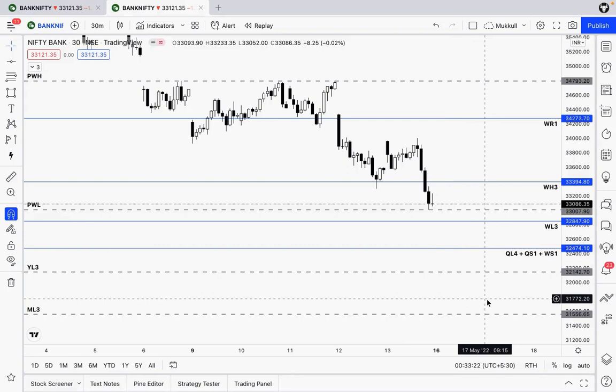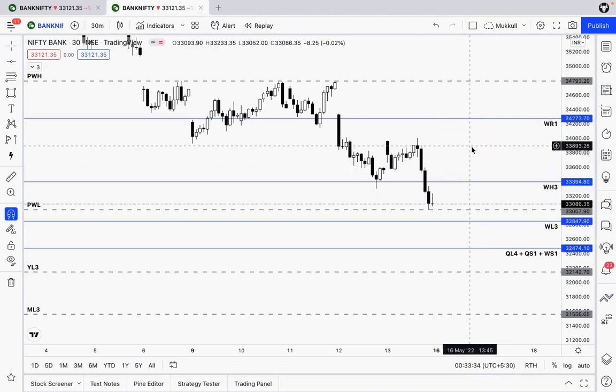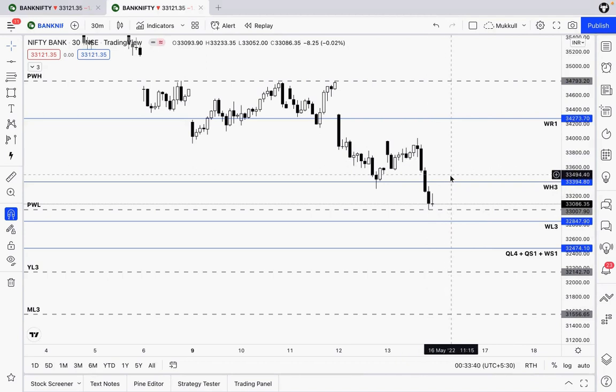So we have both the indices telling us something. That is why I said you have to watch out which index is dominating. If Bank Nifty is going for a sharp reversal towards the upside, it will definitely help Nifty to boost the sentiments. So keep a check, and vice versa.